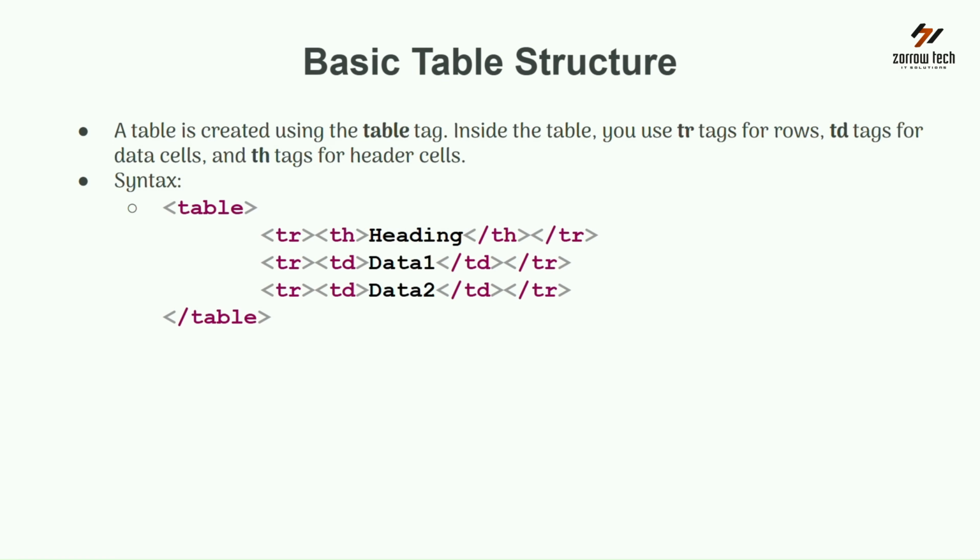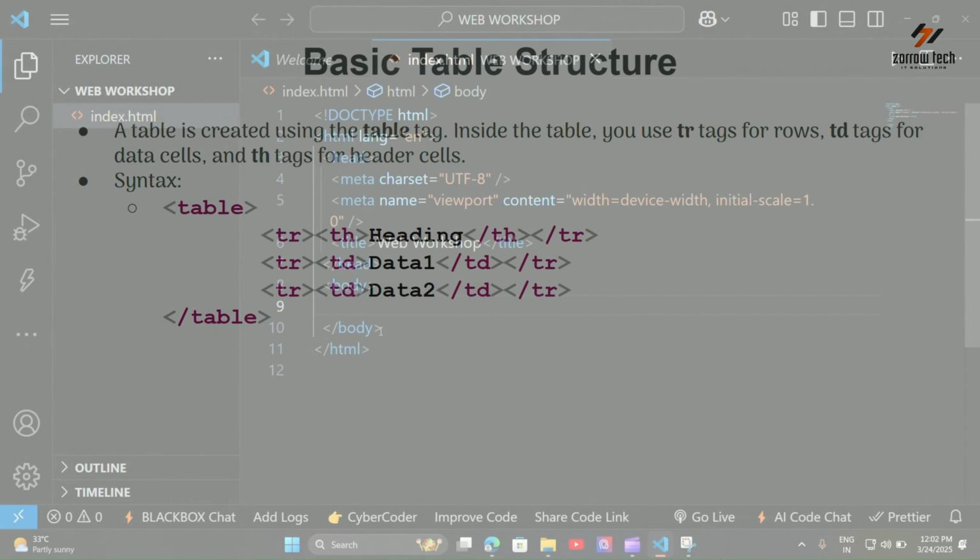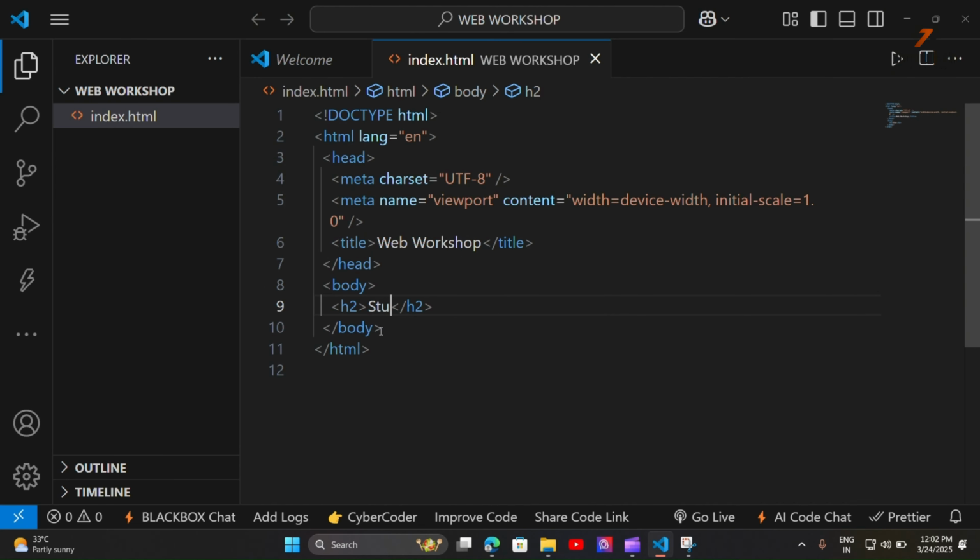For example, you can create a simple table to display student information. Let me demonstrate this in VS Code. Watch as I create a basic table and see how it looks in the browser.